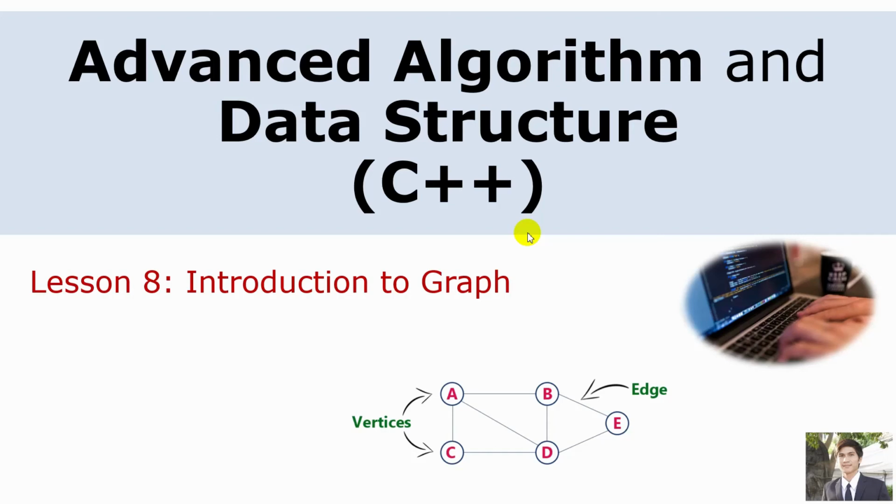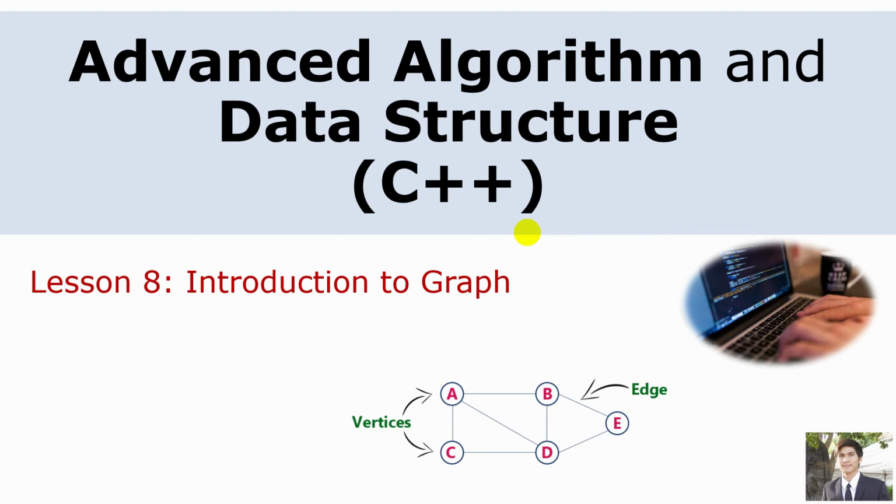Hello everyone, in this video we are going to learn another lecture on graphs. We will focus our attention on the introduction to graph properties and graph representation using either an array or a linked list.